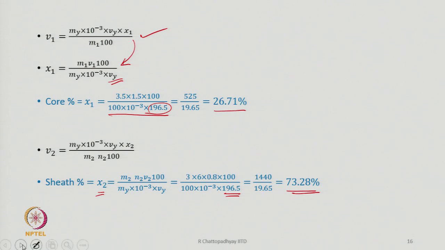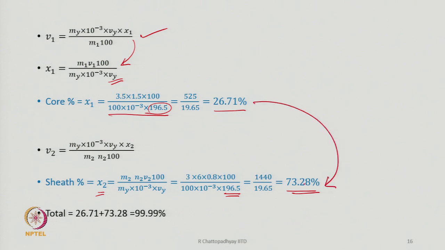And if I add these two, this plus this, they must be 100. So, if we add this and this, the figure is 99.99. So, it is almost close to 100. That means the answers are correct.